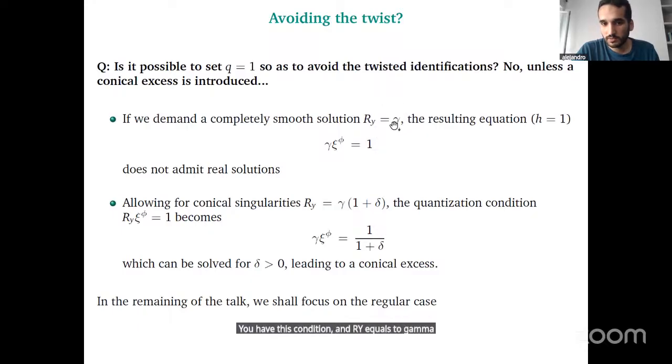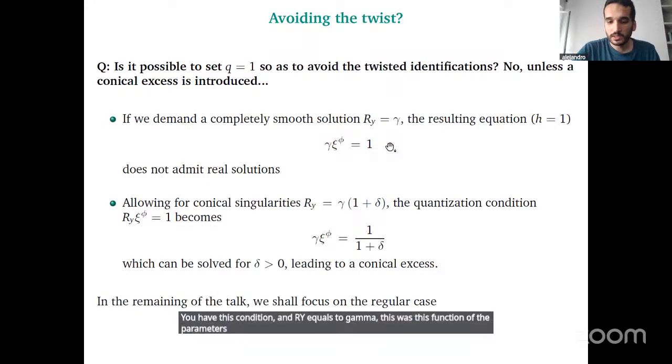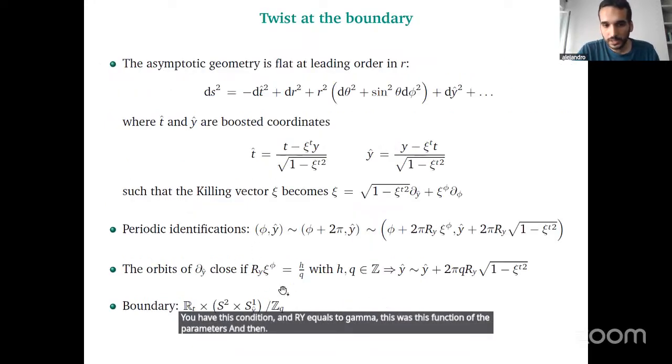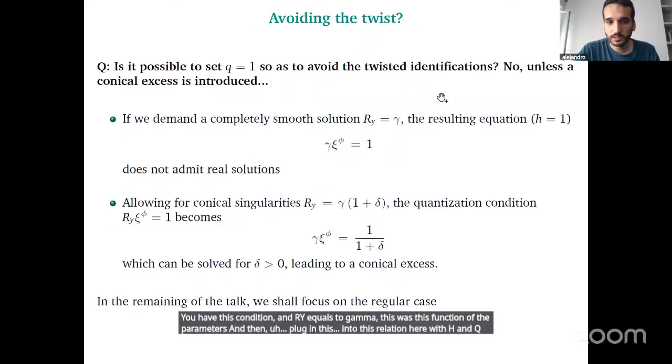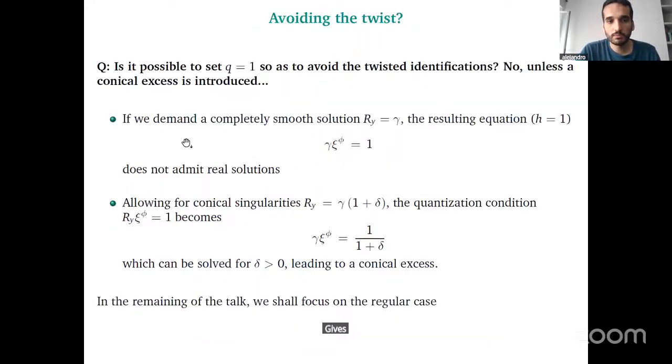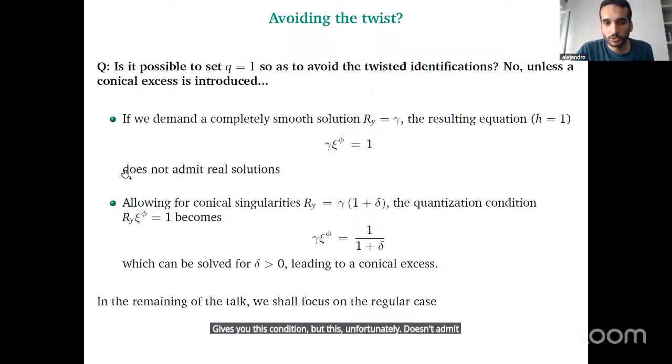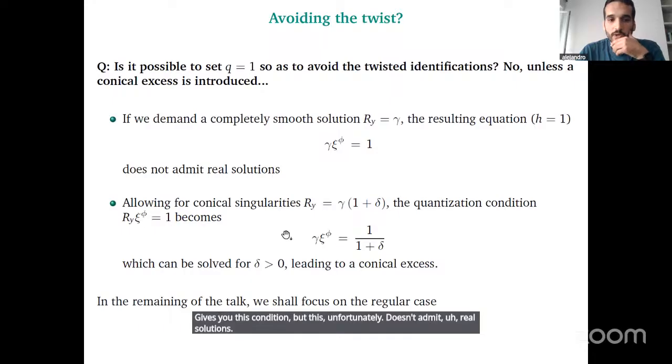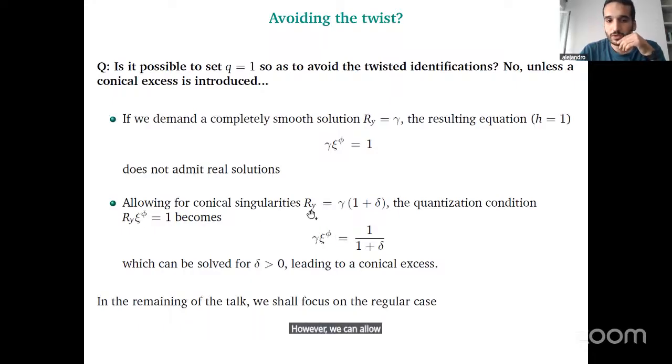This was a function of the parameters, and plugging this into this relation here with h and q equals 1 gives you this condition, but this unfortunately doesn't admit real solutions. However, we can allow for conical singularities.